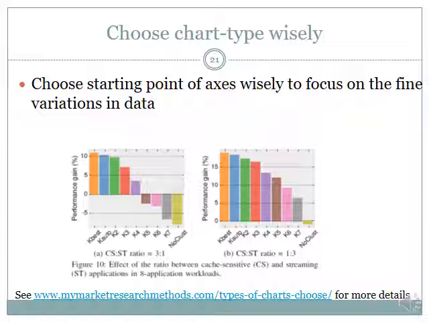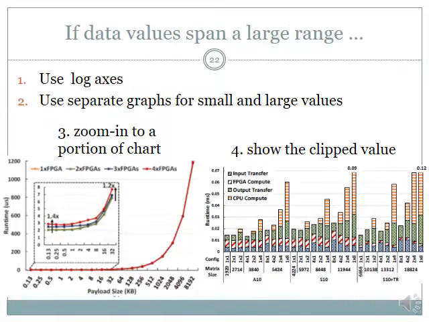If they were to use the same axis limit in both the figures, the fine grain variations in the data will not be very visible, right? So you should always choose the limits, especially the y-axis, very carefully.